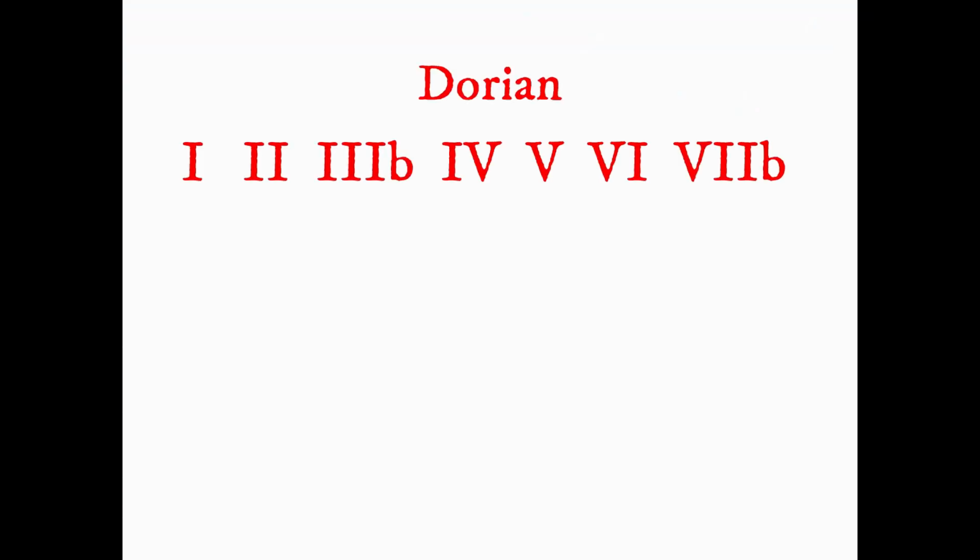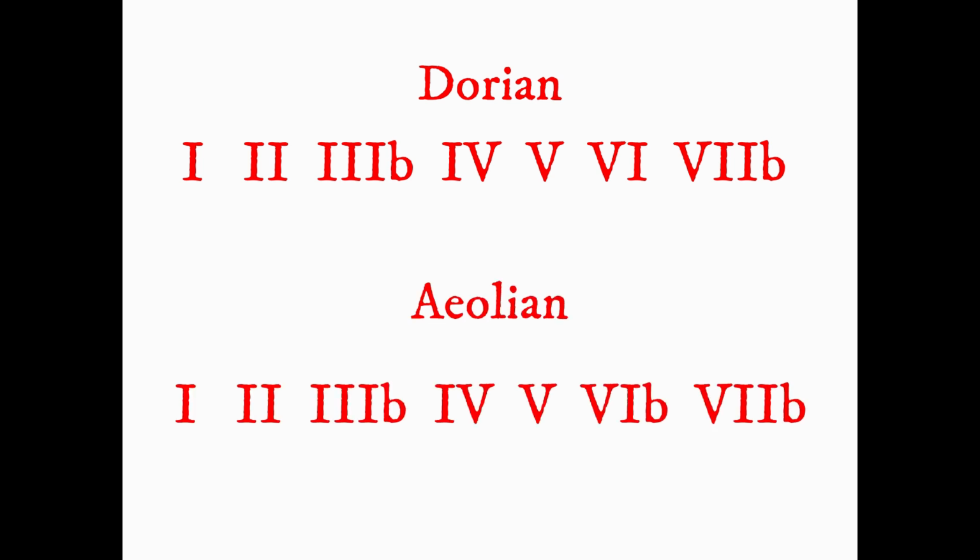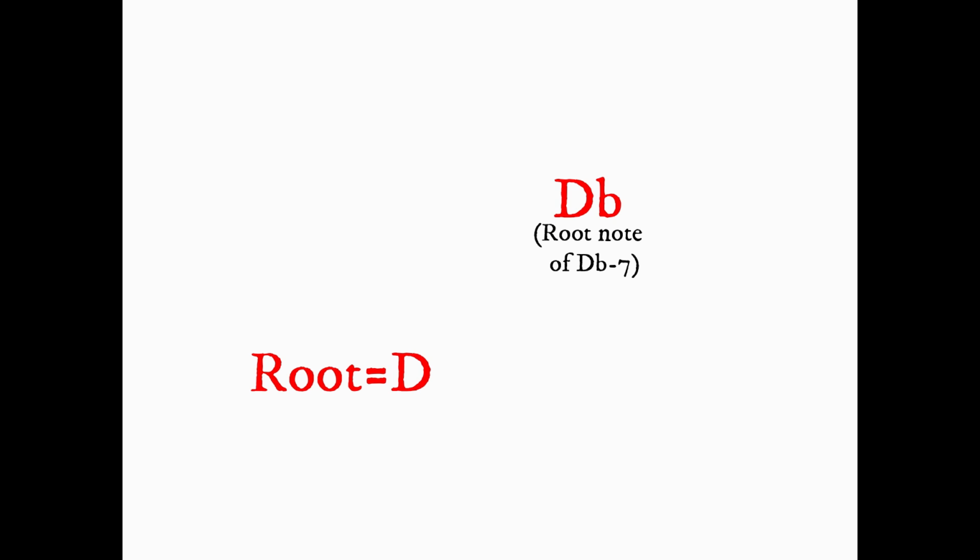It doesn't feel natural. It's not like we have a proper key anyway. I mean, the key, if there were a key, would either be Dorian or Aeolian. We can't tell because the sixth of the D is never played. Either way, D flat minor can't be in the key of D Dorian or D Aeolian, because neither of those keys has a major seventh, which is the root note of D flat minor.